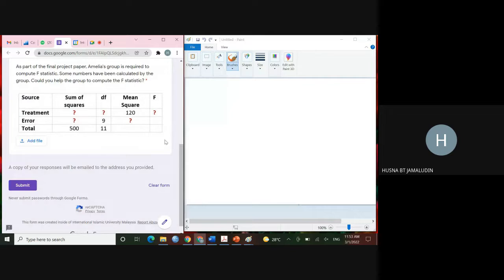Okay, the question looks very similar, but maybe the blank spaces are in different parts. So now let's draw the table. You have the sources here, so sum squared treatment, sum squared error. So this is the sum squared. This is the degree of freedom.